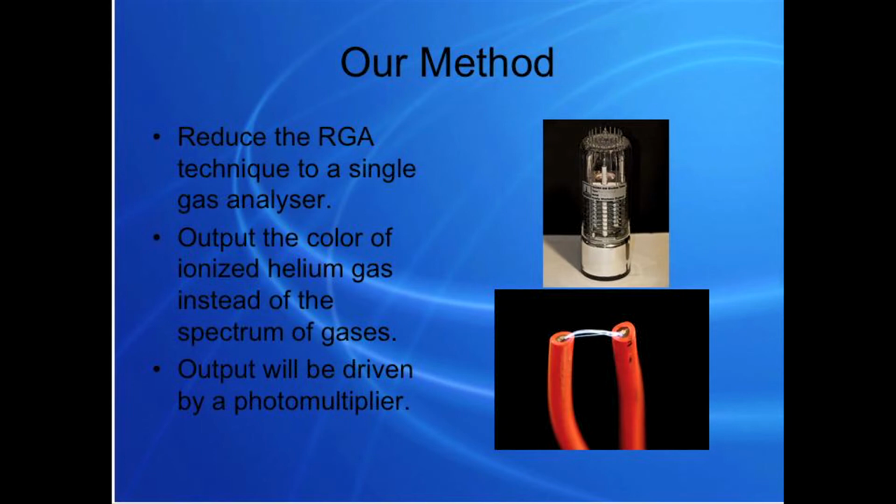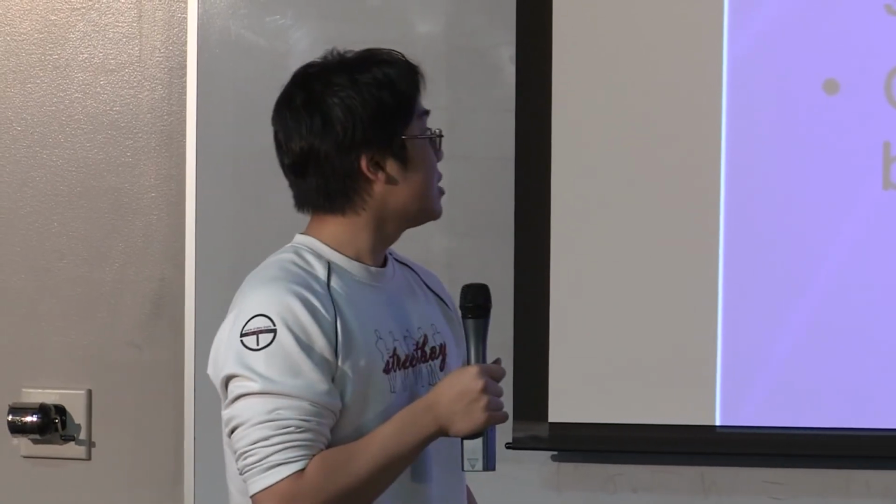And with helium, we can do the detection if we ionize these gases. And once they are ionized, we can use a photoamplifier to amplify the helium so we can see where the heliums are coming from. And if there's a leak in that clean environment, we can detect that immediately instead of going through and looking at the whole spectrum of the gases in order to find that leakage.